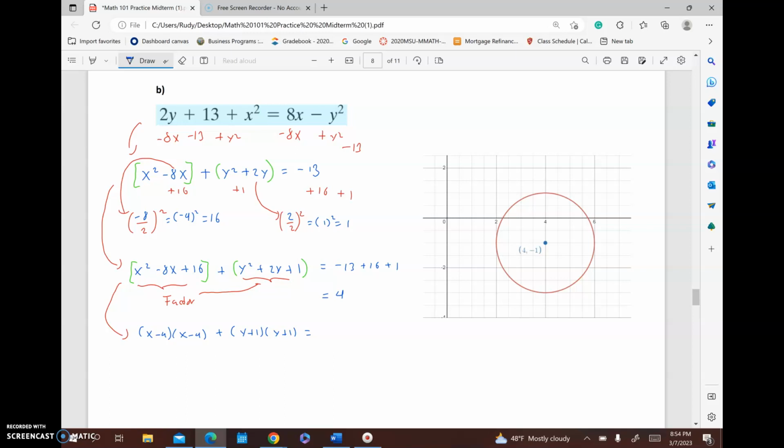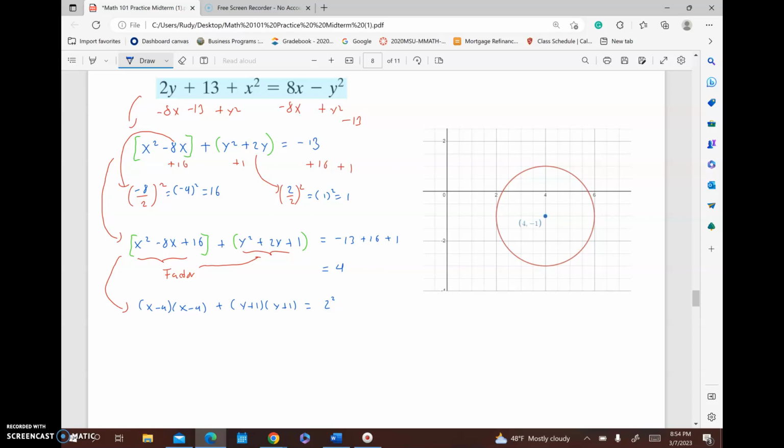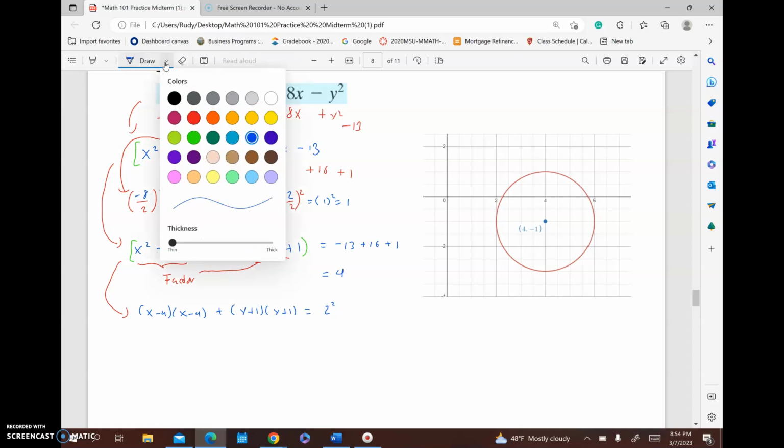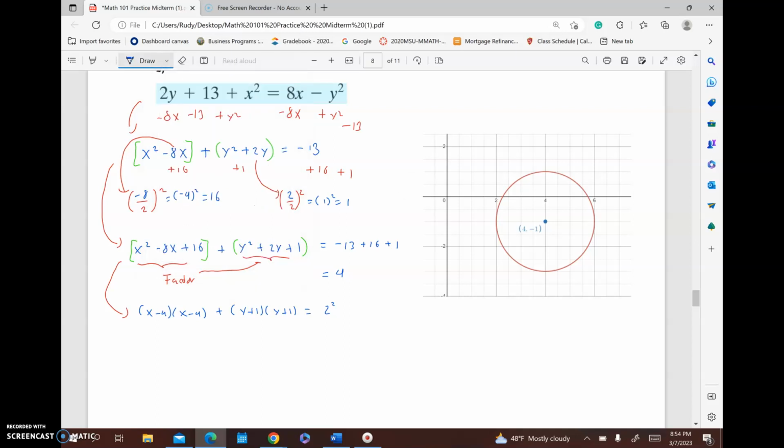This is equal to, and I'm just going to rewrite it as, 2 to the second. So we rewrite it as x minus 4 squared plus y plus 1 squared equals 2 squared.